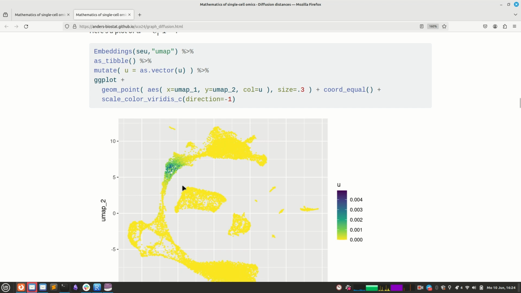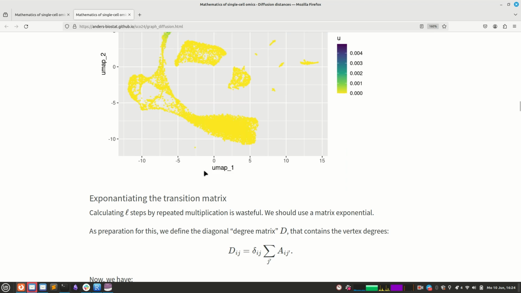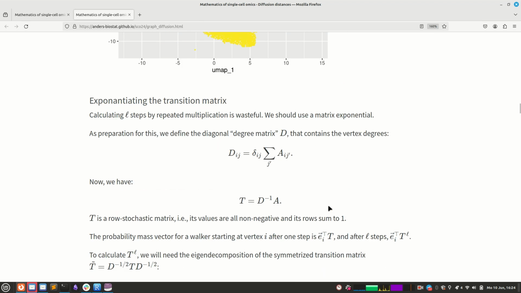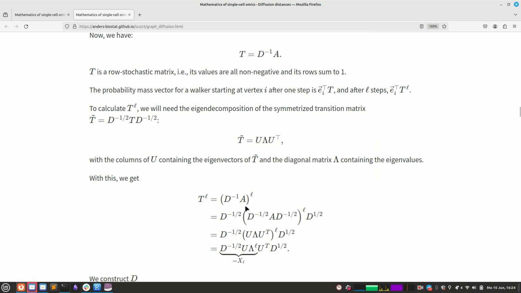Then we were wondering, what do we do if we want to do this not 10 times, but 1,000 times? Obviously, it costs too much time to calculate this for each cell 1,000 times, so we went through an eigen expansion. We took this matrix, here you see now with D to the minus 1 on the left side, and said I want to exponentiate this to calculate the diffusion after L steps of a random walk.